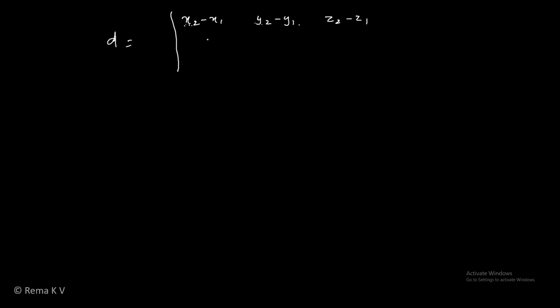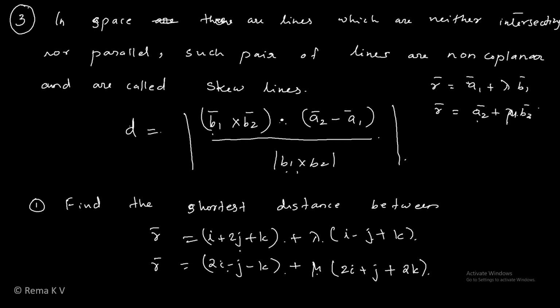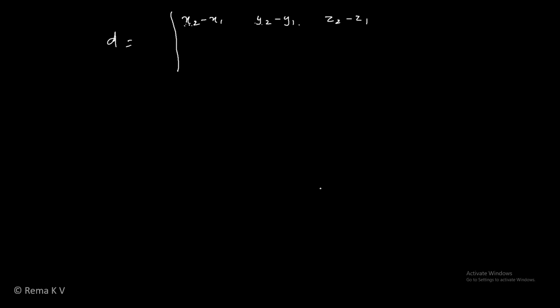Then b1 cross b2, this is b1 and this is b2. To find the cross product we write i, j and k, but instead we wrote a2 minus a1 here. Then a1, b1, c1, the direction ratios of the first vector b1, then a2, b2, c2, divided by the modulus of b1 cross b2.